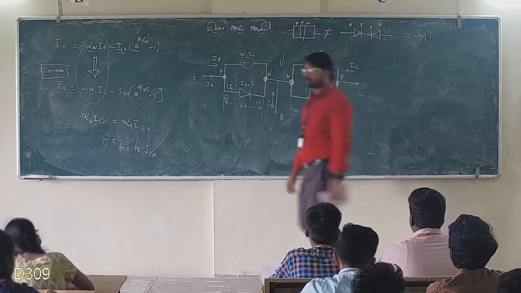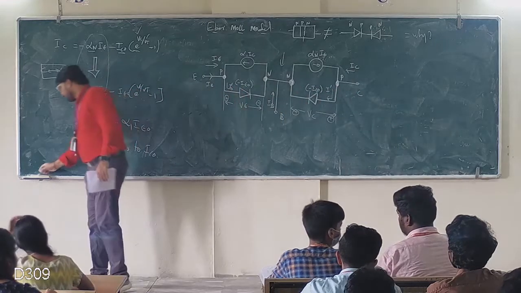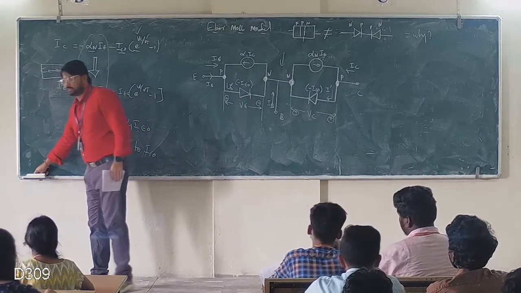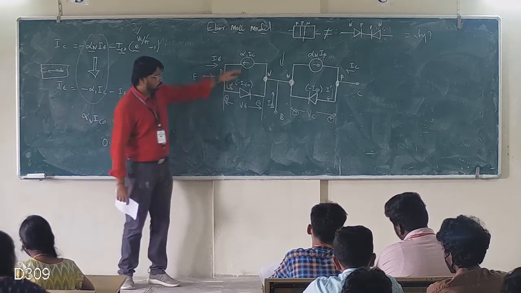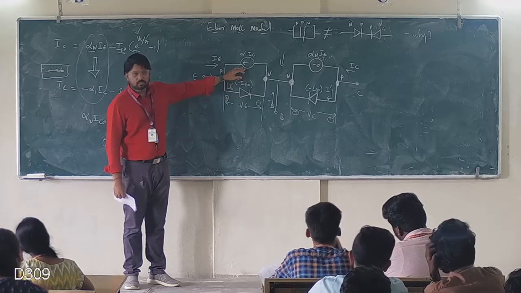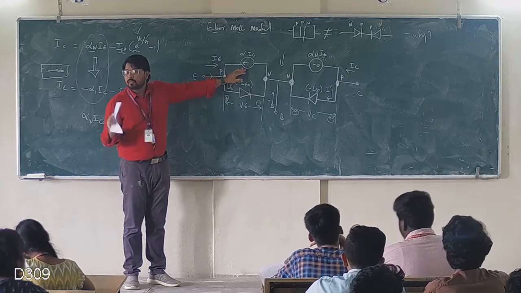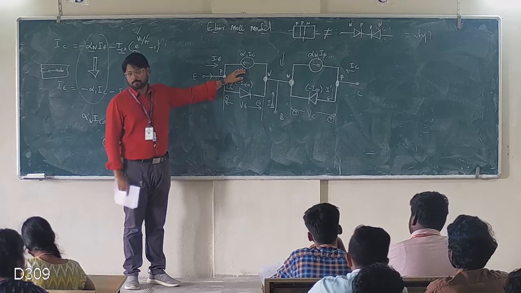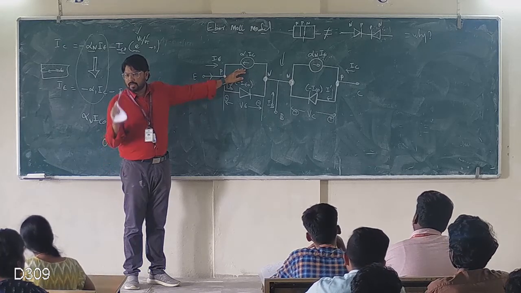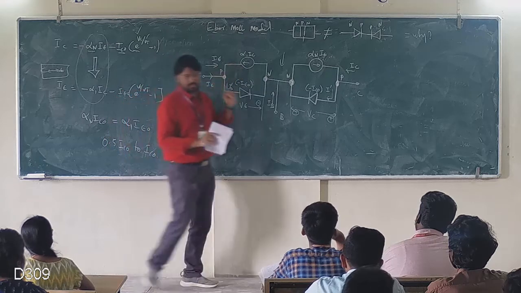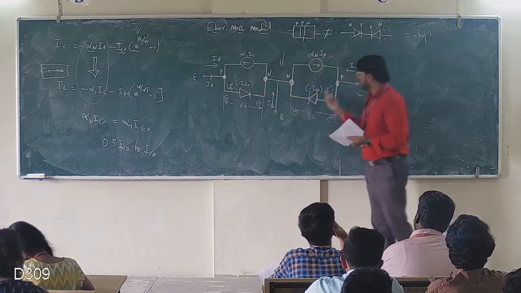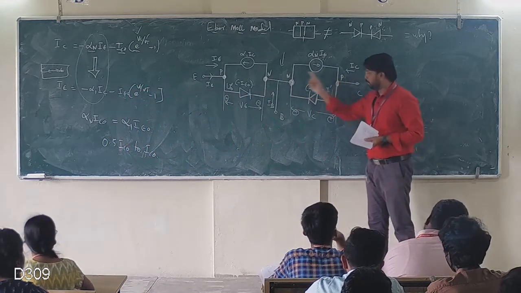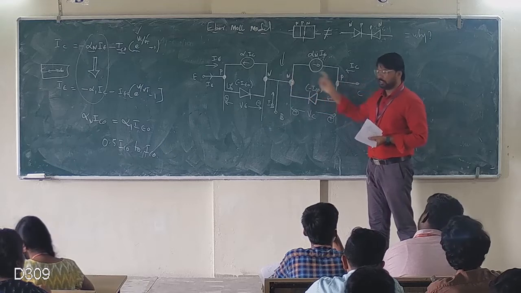Listen, don't talk. You see here, there are two arms. One represents the equivalent current source, a dependent current source due to minority charge. This is a P and N, like a PN junction diode.